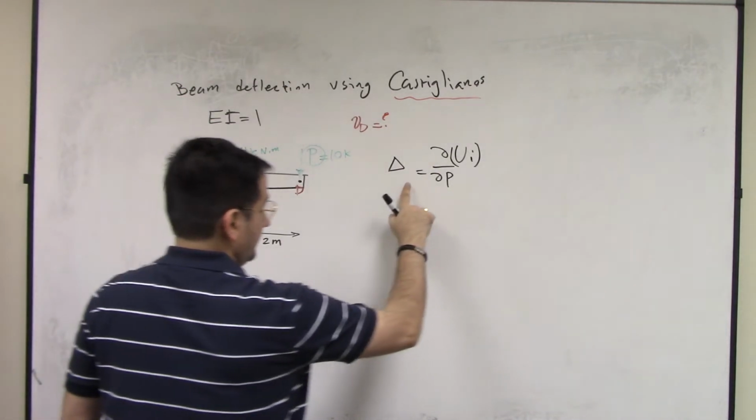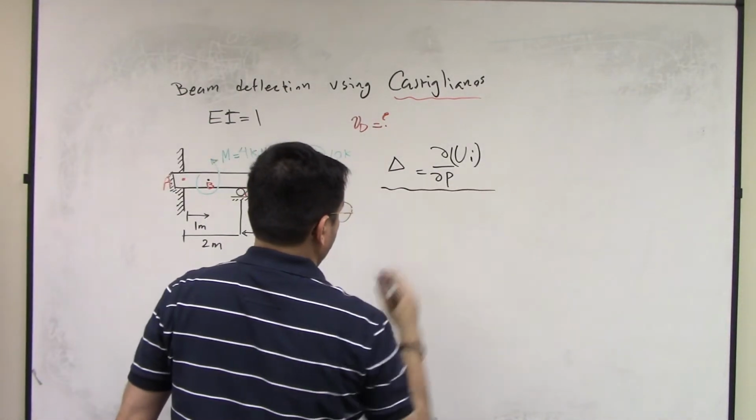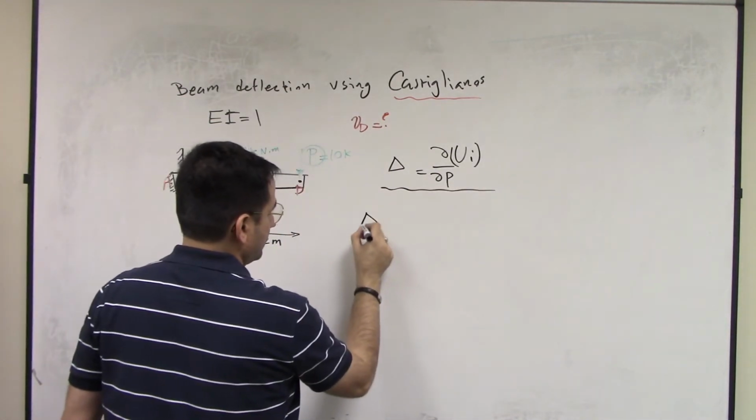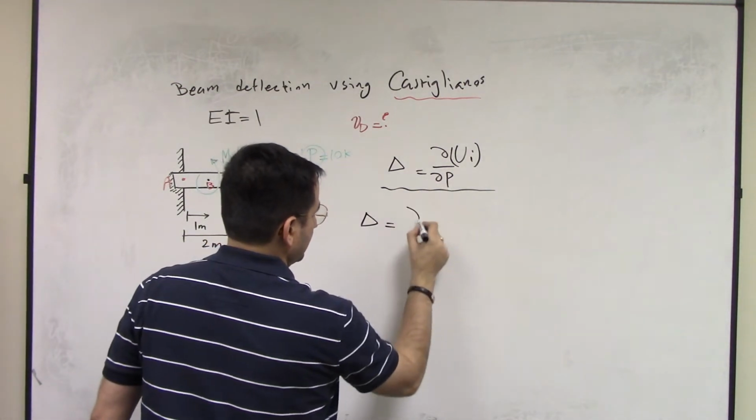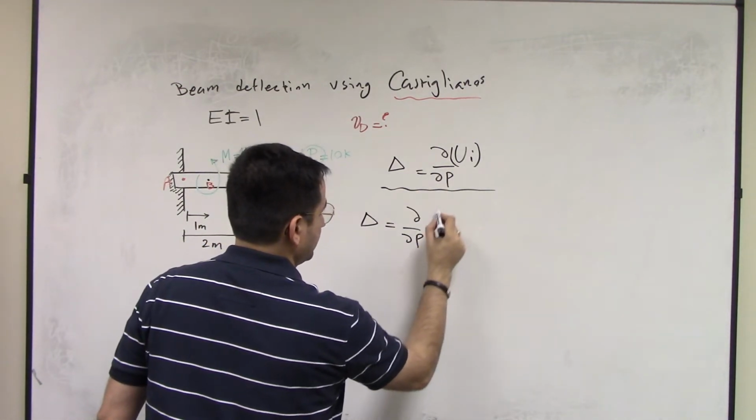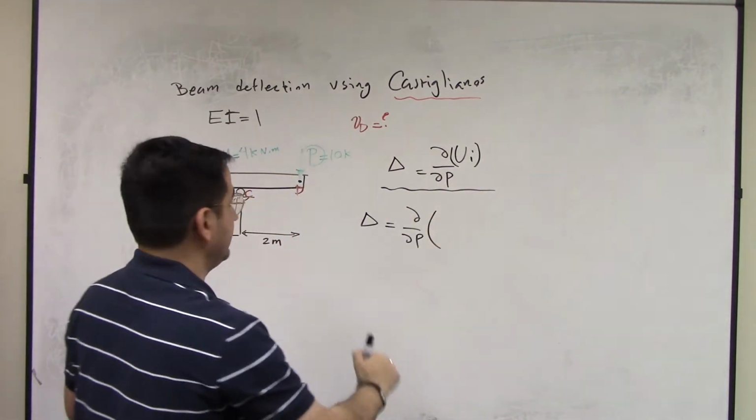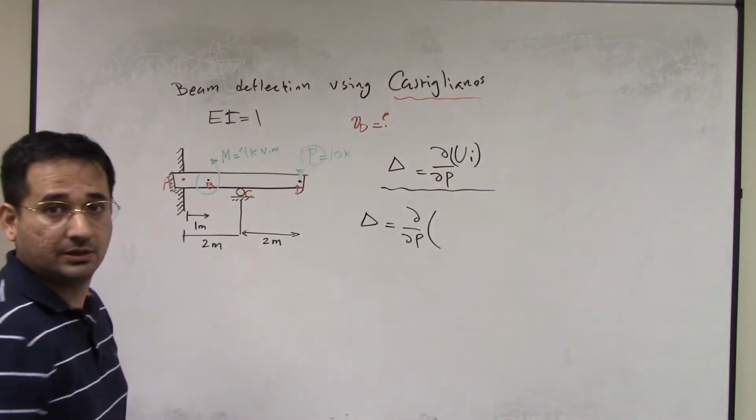So this is Castigliano's theorem, right? So if I want to go ahead, I can write this as partial U over partial P. And what's the internal energy of the beam?